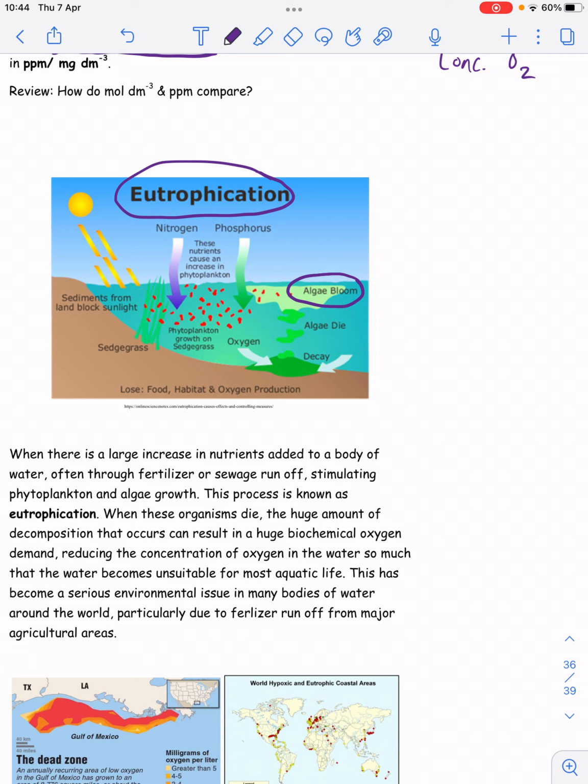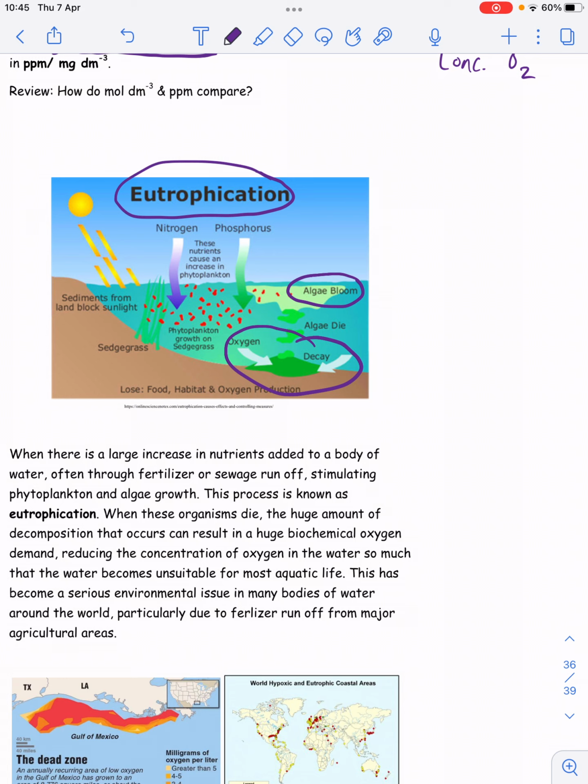And so you create tons and tons of algae, sort of an unnatural amount of algae, which when they die, start to decay, and the bacteria that break down the algae, all the bodies that do the decaying of the organisms, remove oxygen from the water.